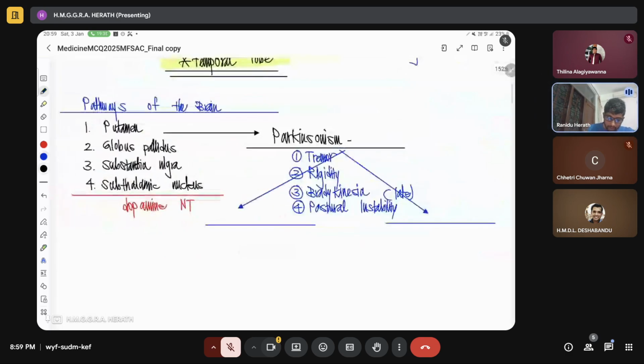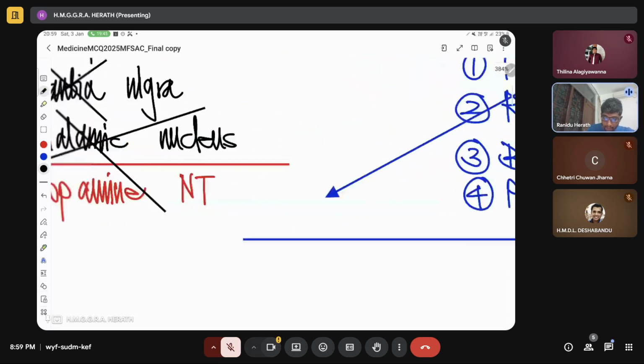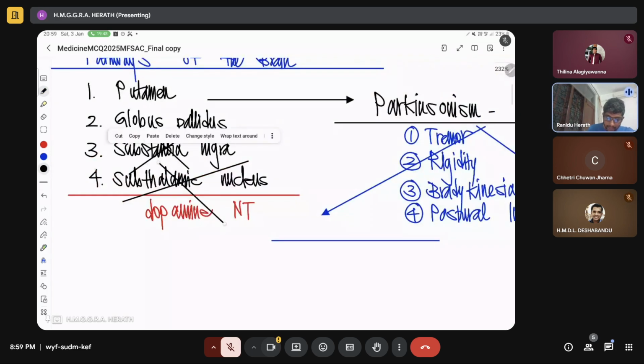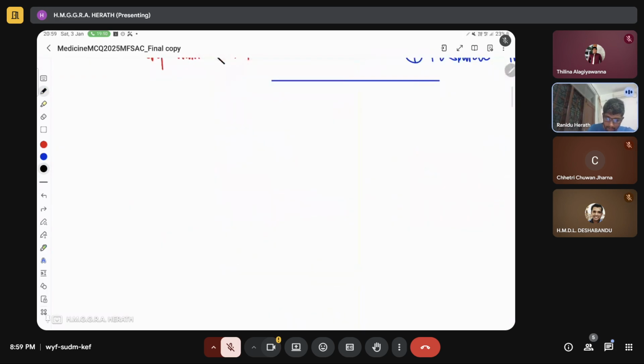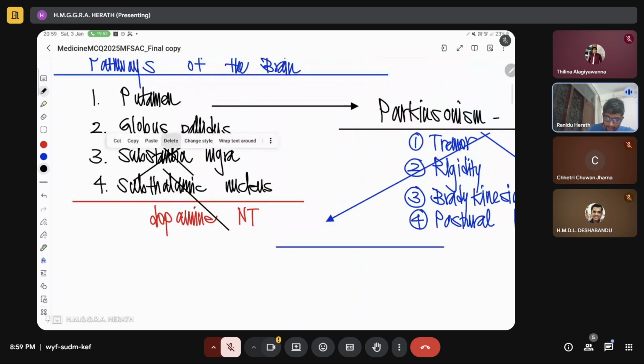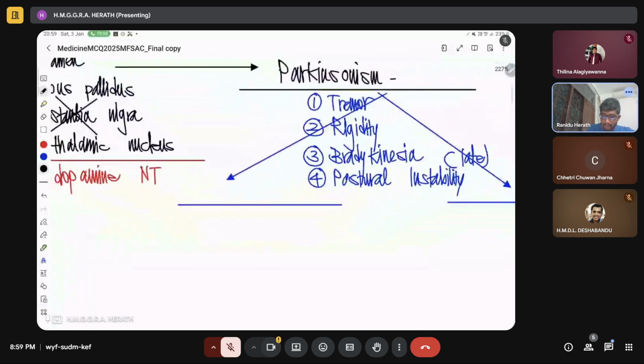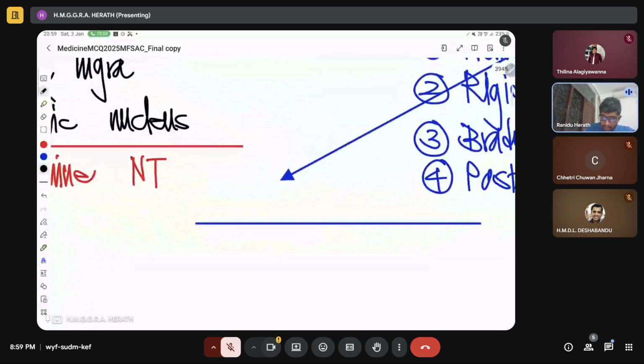Understood? So when there is a lesion in the subthalamic nucleus, or in the substantia nigra involved in the dopaminergic pathway, especially the substantia nigra, leading to death of neurons in the substantia nigra, the Parkinsonism present in the patient is called idiopathic Parkinsonism.